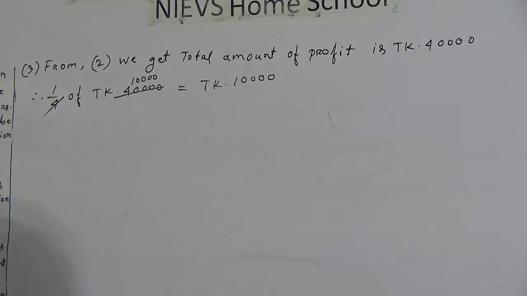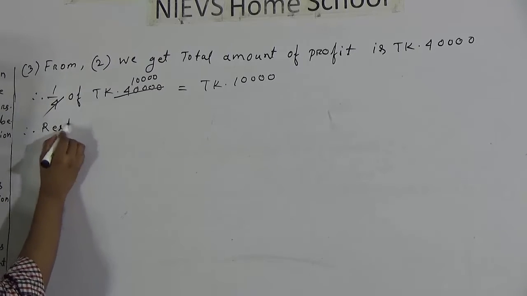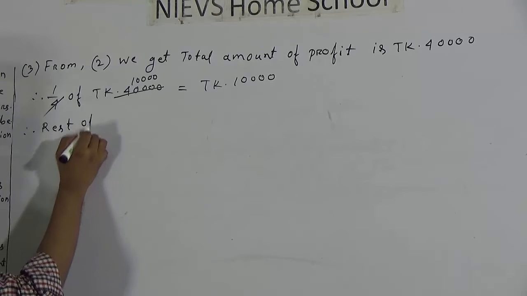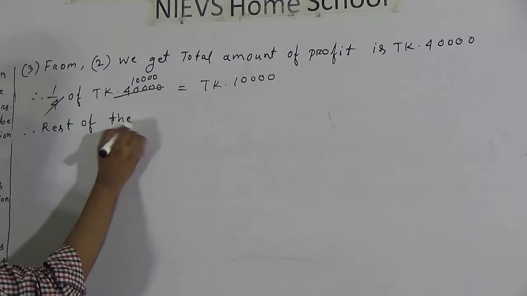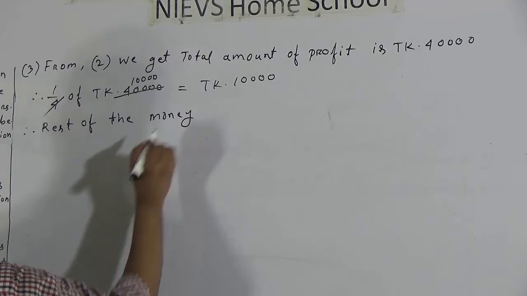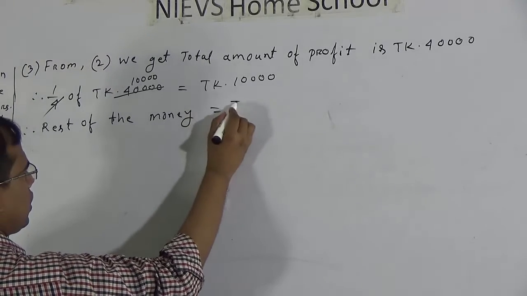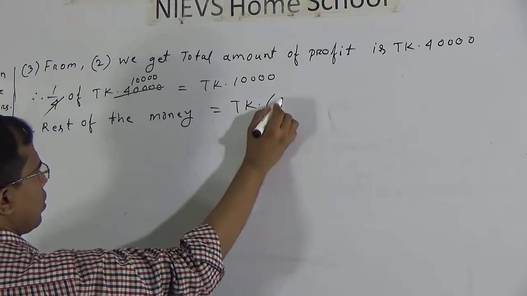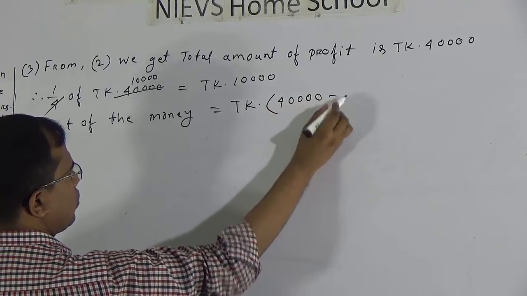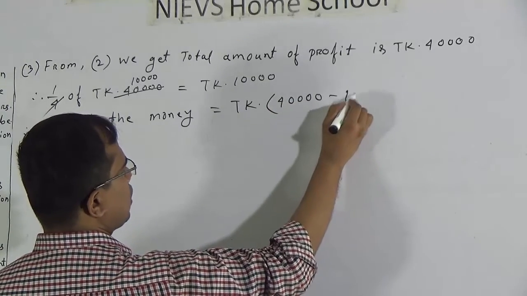Therefore, rest of the money equal to TK 40,000 minus 10,000.